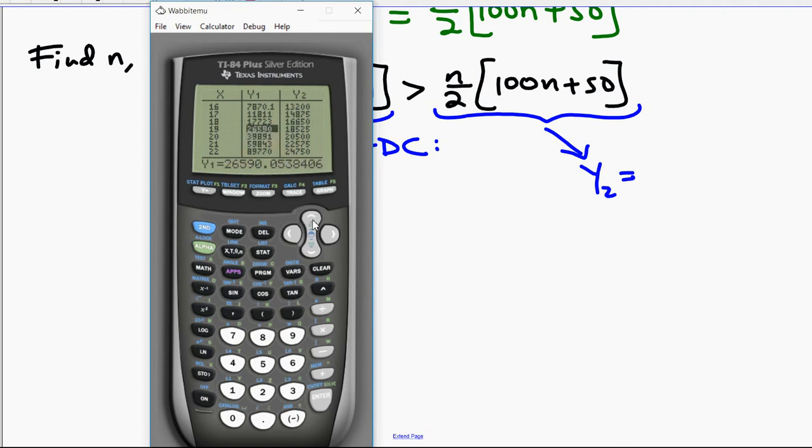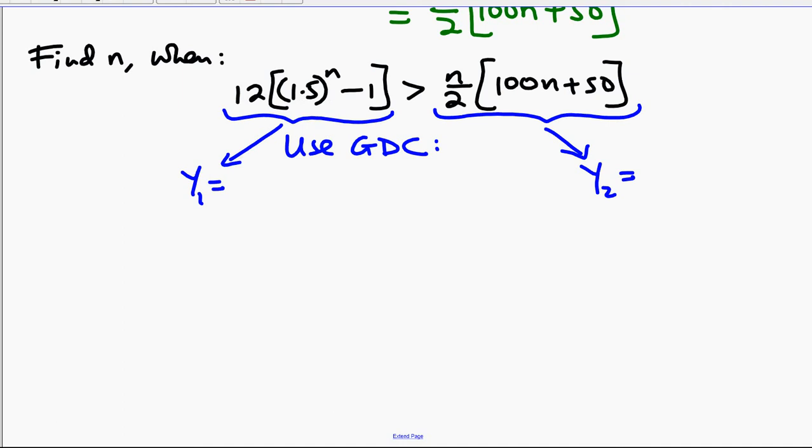And you can see that that is when n is equal to 18. So our solution is n equals 18.